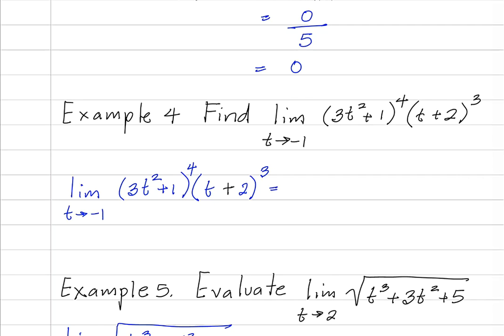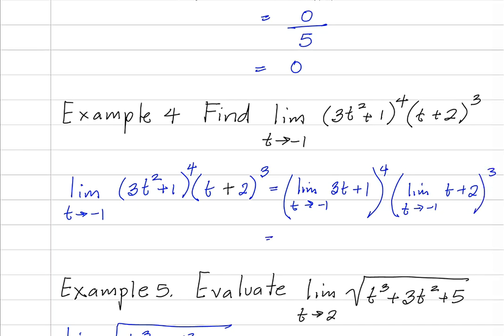Now, if I wanted to, I could go limit law by saying that this is equal to the limit as t approaches minus 1 of 3t plus 1 to the 4th power multiplied by the limit as t approaches minus 1 of t plus 2, all raised to the 3rd power. So if I wanted to, I could have done that.